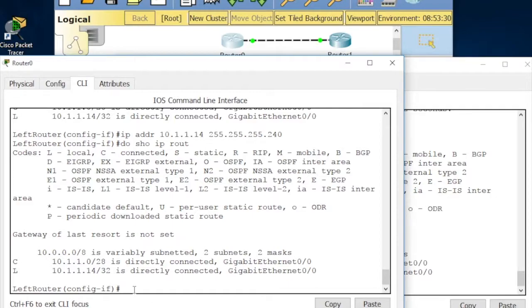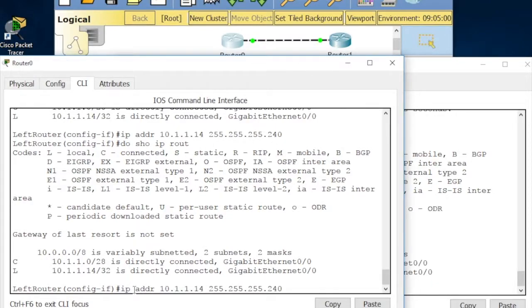I put in the wrong net mask on the left router, and that's telling me that I've still got the 10.1.1.0 subnet, and I've only got 16 addresses, so it cannot reply to my other right hand router.